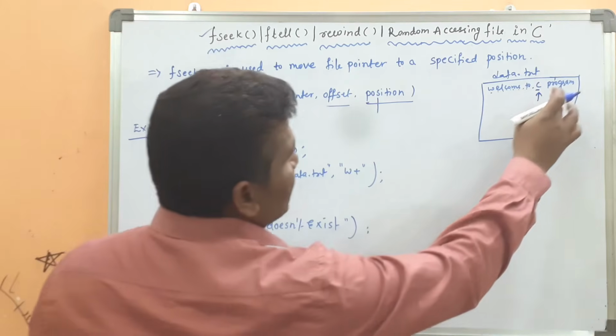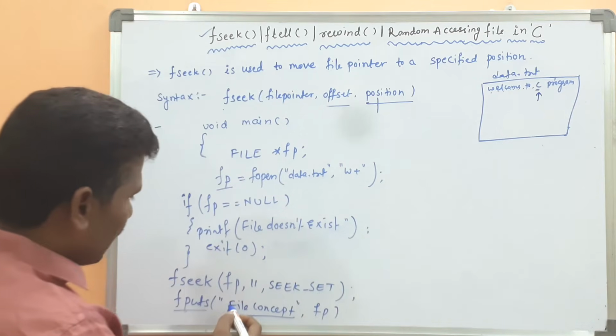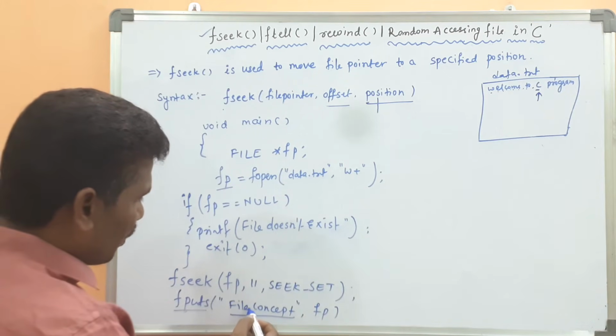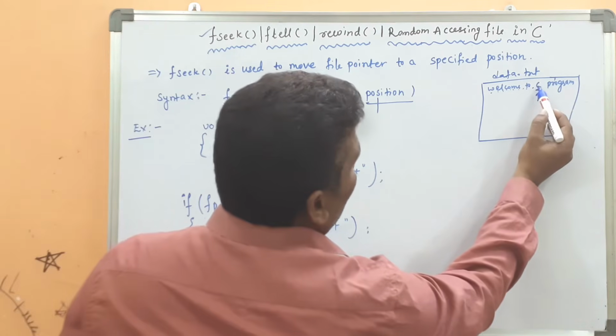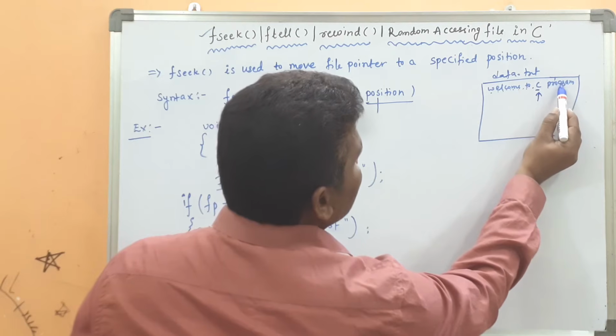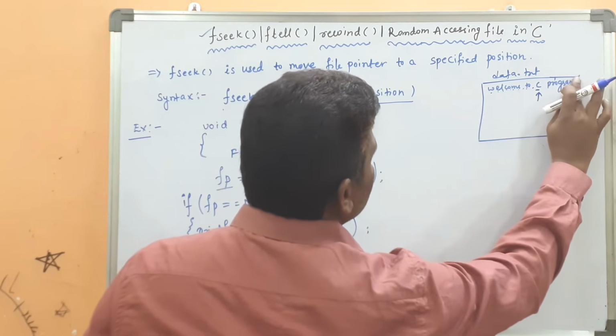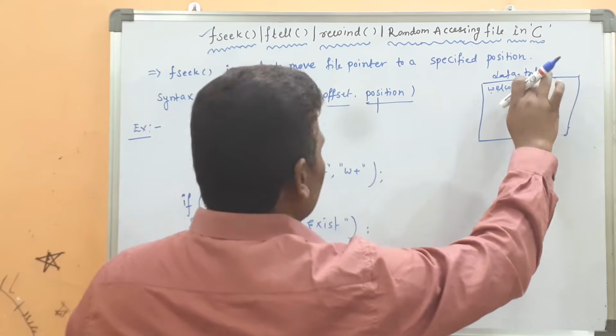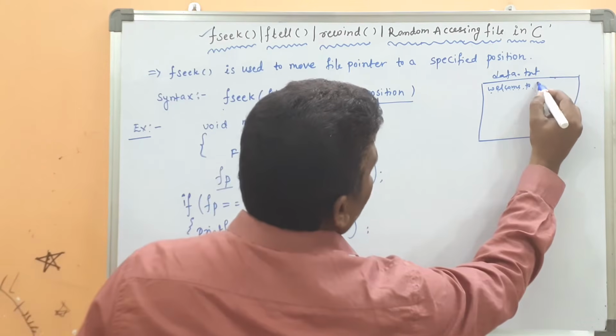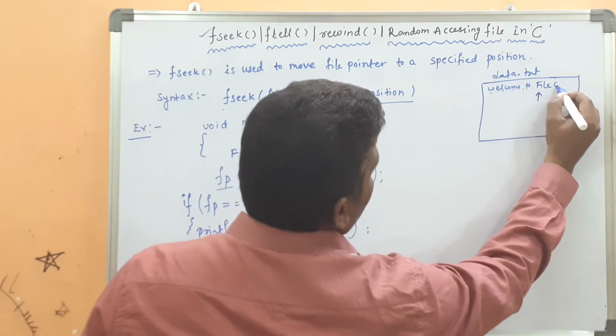The old characters are overwritten. What will be written here? File concept.